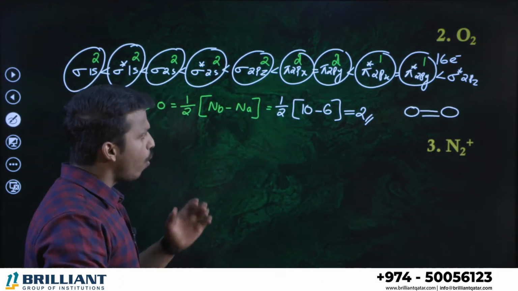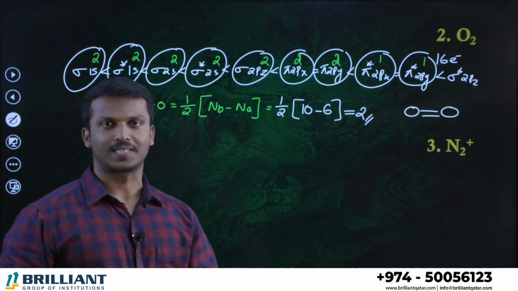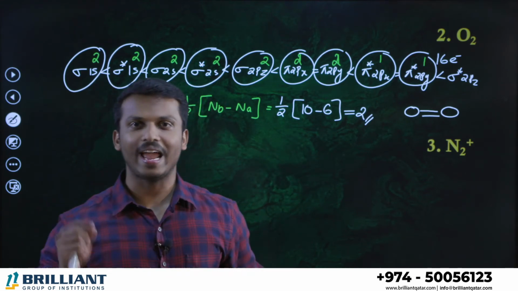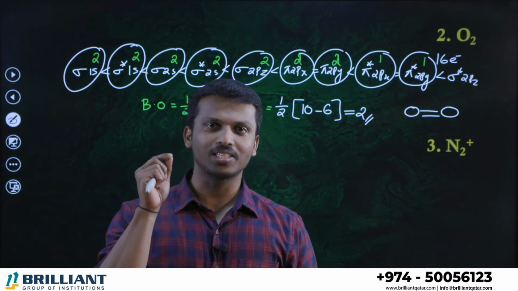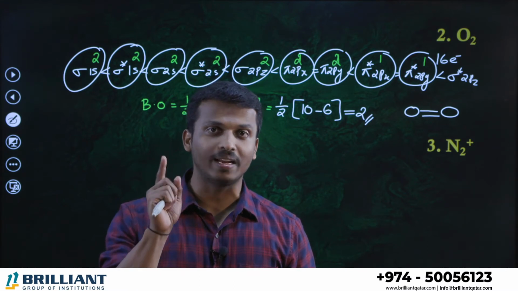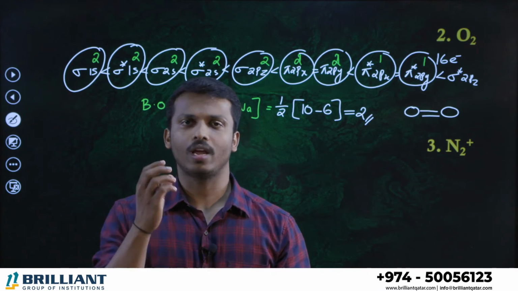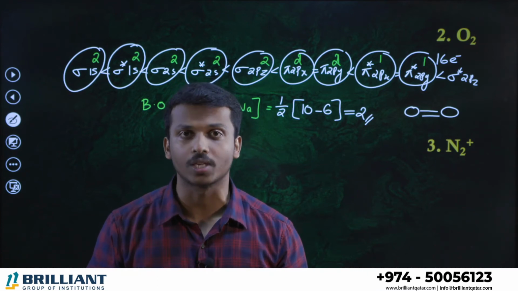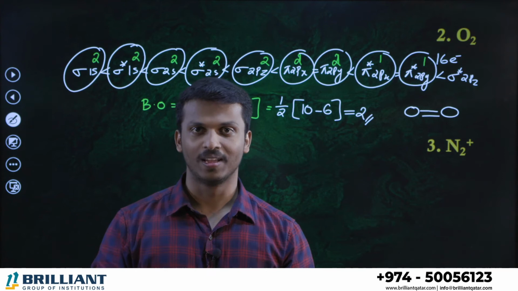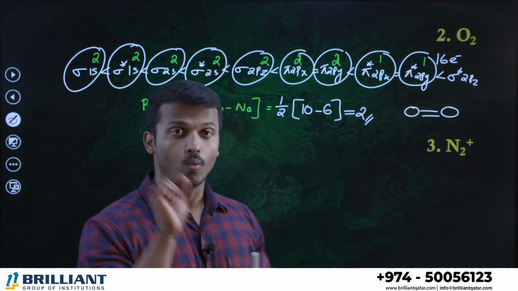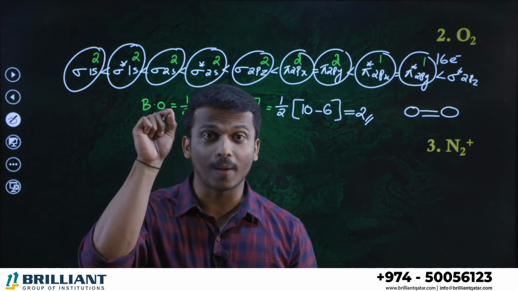Correct? What about N2 plus? Dear student, the nitrogen molecule N2 contains 14 electrons, but what about N2 plus? How does an element or a molecule get a positive charge? By losing 1 electron. Here the charge is plus 1, N2 plus, right?